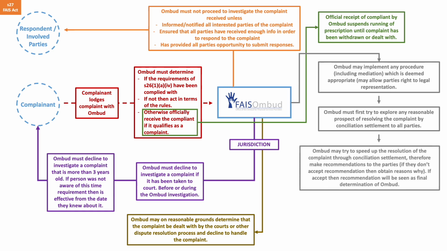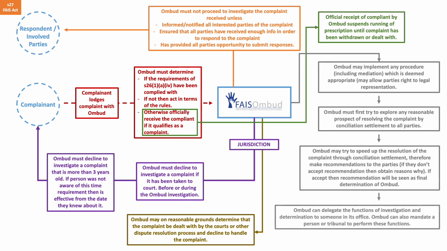The Ombud may try to speed up the resolution of the complaint through conciliation settlement. Therefore, make recommendation to the parties. If they don't accept the recommendation, then obtain reasons why. If they accept the recommendation, then the recommendation will be seen as a final determination of the Ombud.